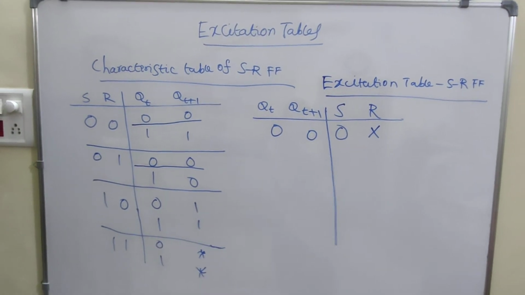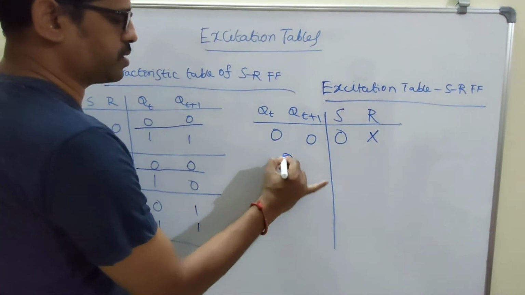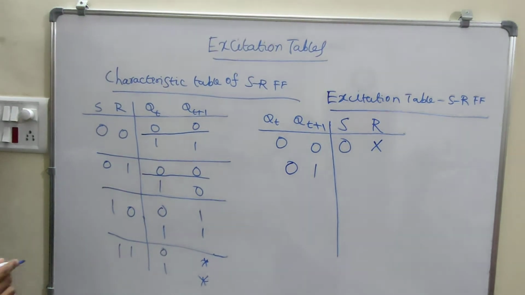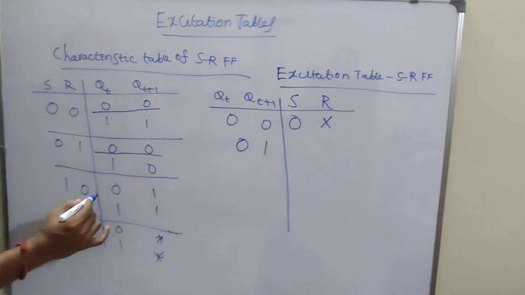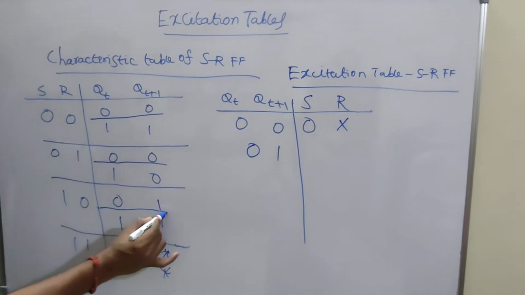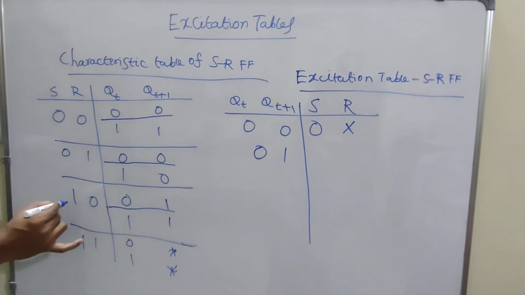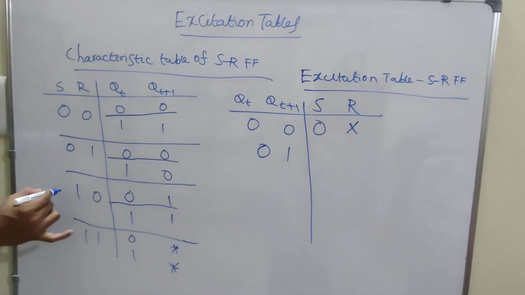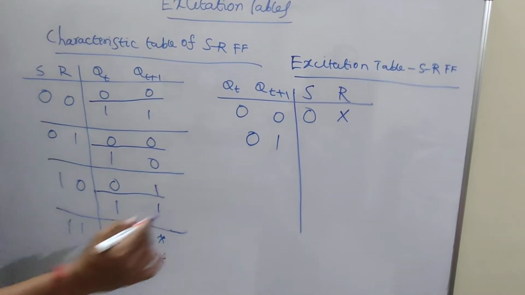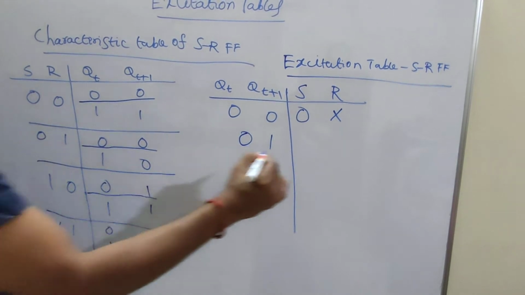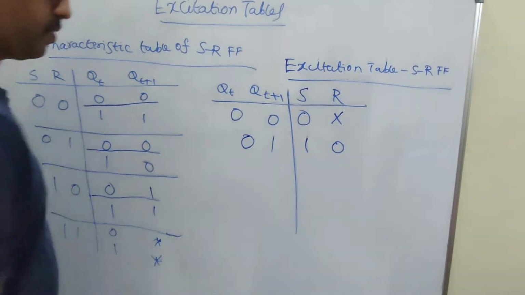Similarly, we need to find it for the next input 0 1. How many combinations are coming for 0 1? Only one combination is coming, so we simply write the values of S and R as they are, 1 0.